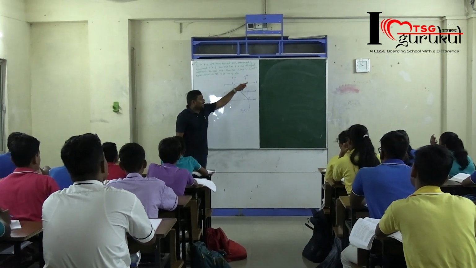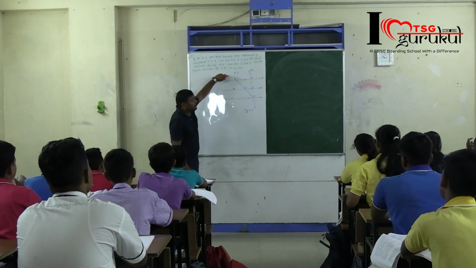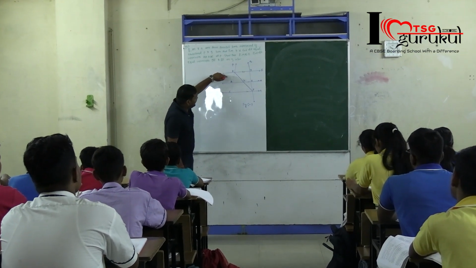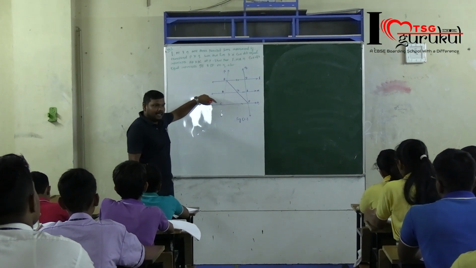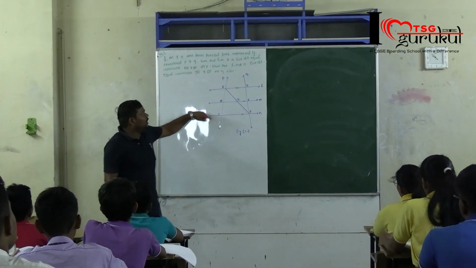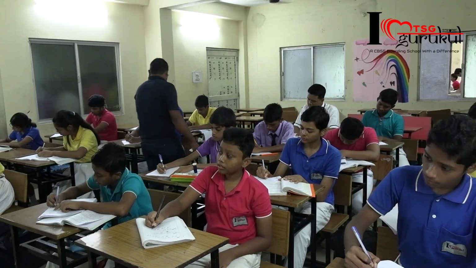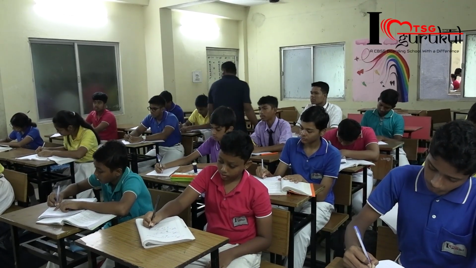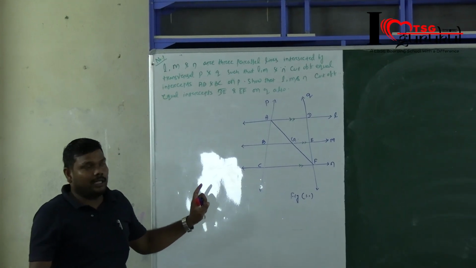P and Q are two transversal lines. Transversal P meets lines L, M, N at points A, B and C respectively, and transversal Q meets lines L, M and N at points D, E and F. Is that clear?